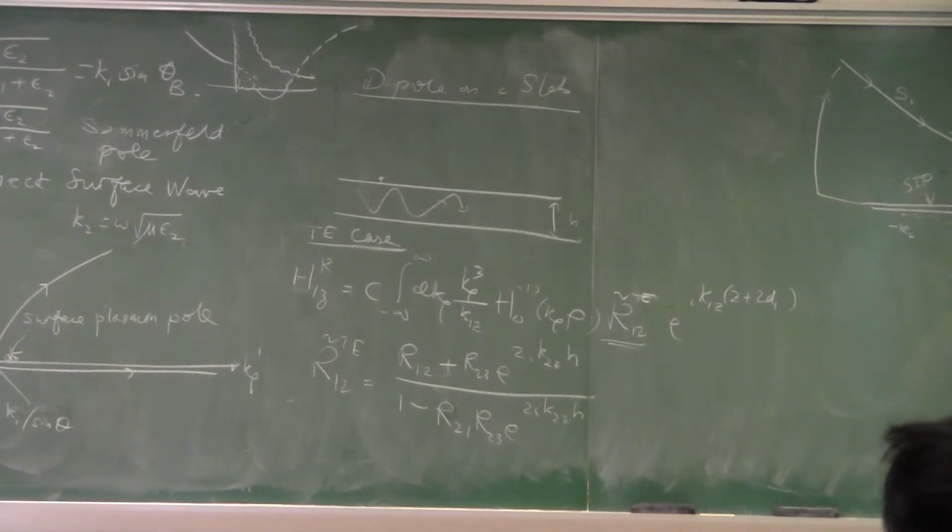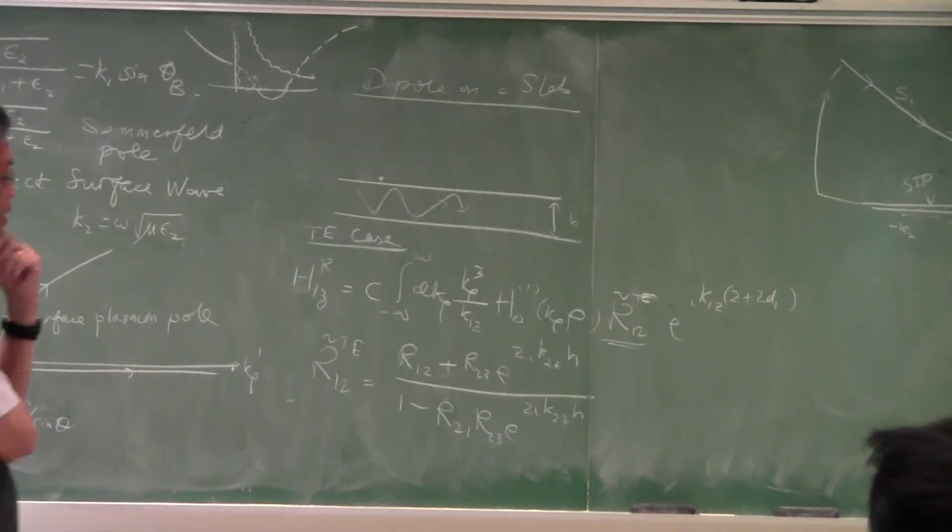so I can write them down quite easily. But then there could be poles, right? There could be poles in the reflection coefficient now. Where are the poles located, and what equation should I solve in order to find the location of the poles now?